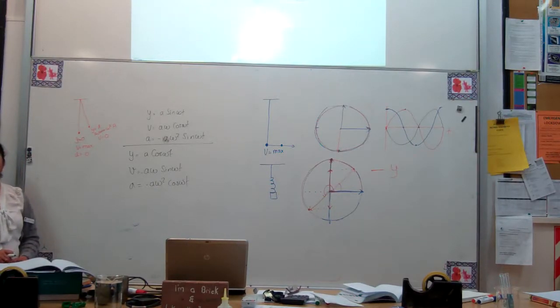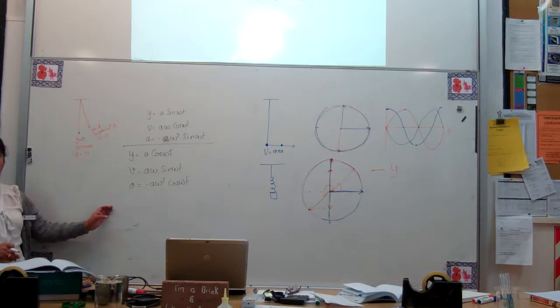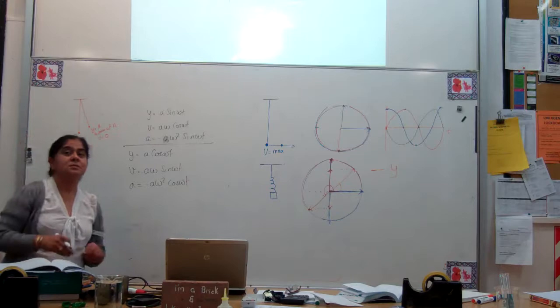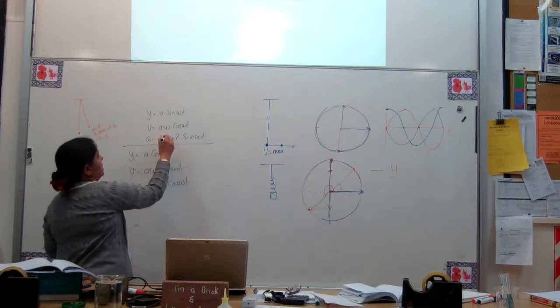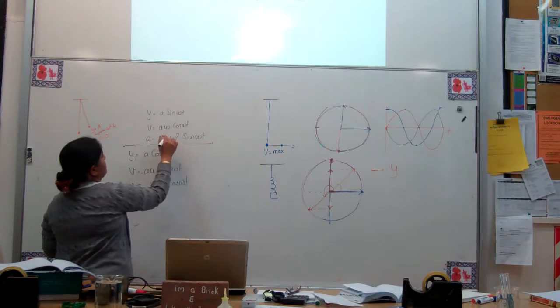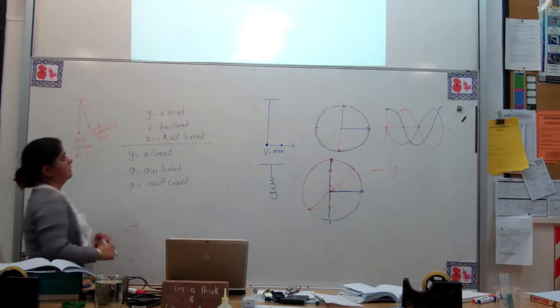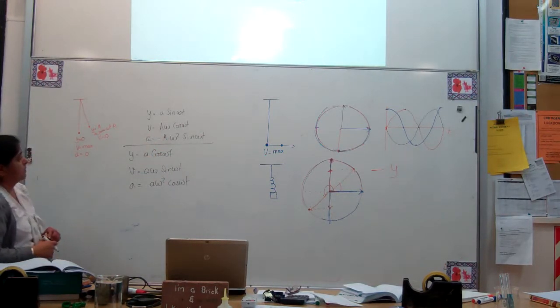Yes. Now do you want me to go in depth into these equations? Where do they come from? No? Not really? Everyone happy? Negative A omega, or I can put y there.